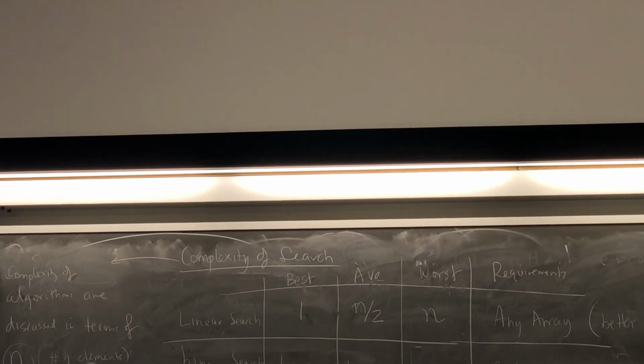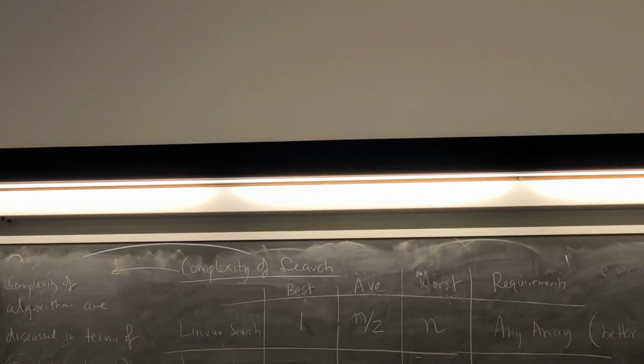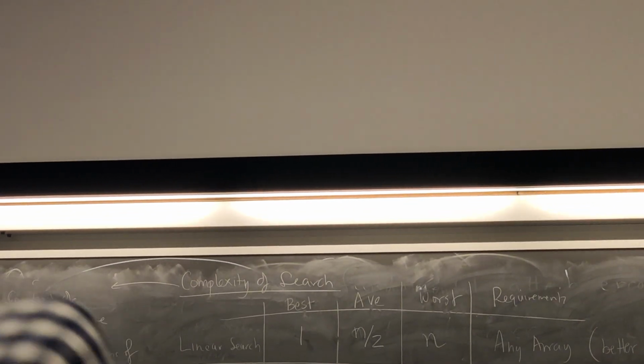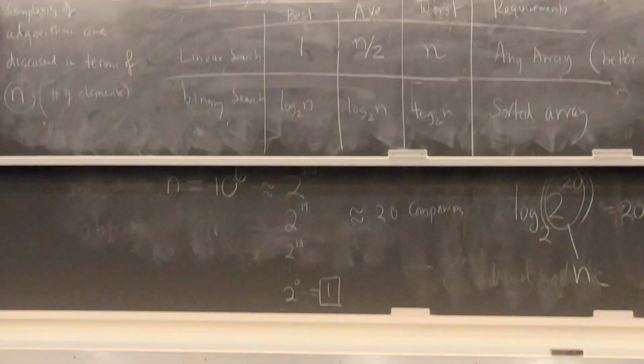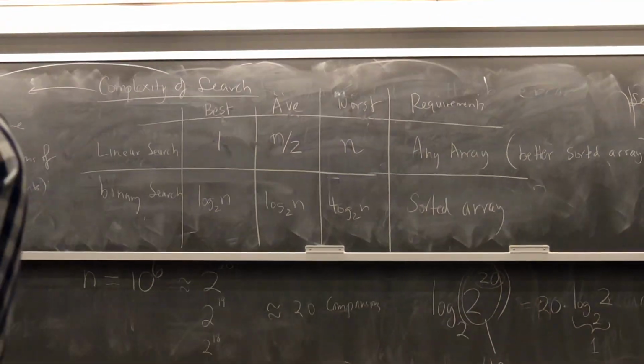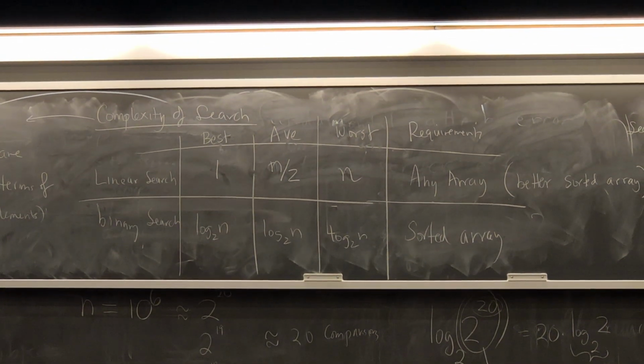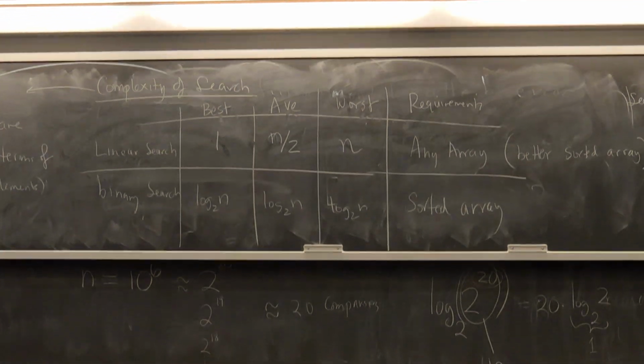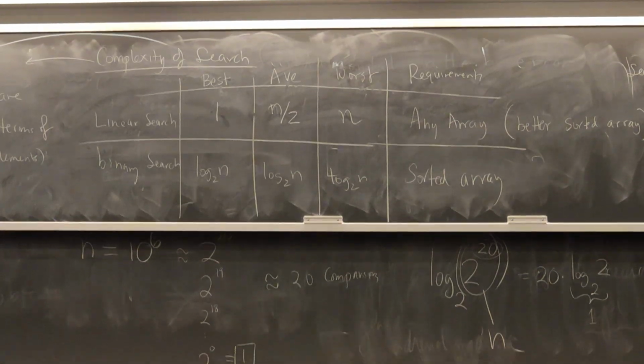But log n is not a bad number. In fact, if you can get something to a log algorithm, that's the best. Does anyone know the number of atoms in the universe? Do a Google search, come on.